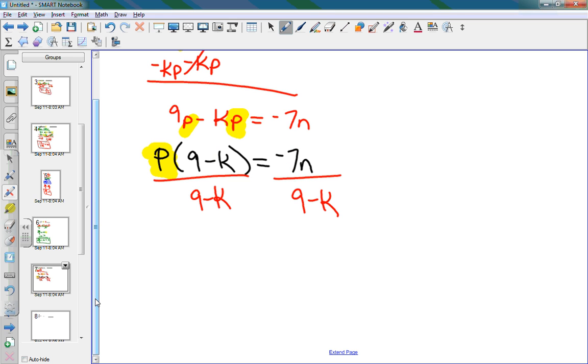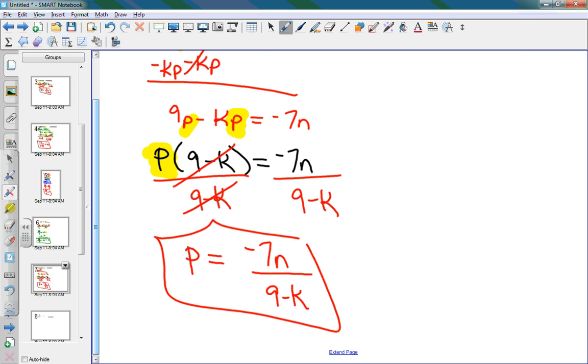Do we all see that? So what am I left with working from left to right? P equals negative 7N over 9 minus K. Do we see that? We good?